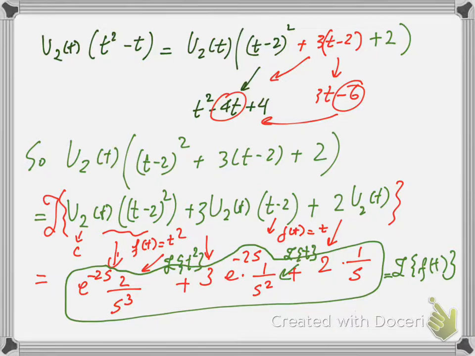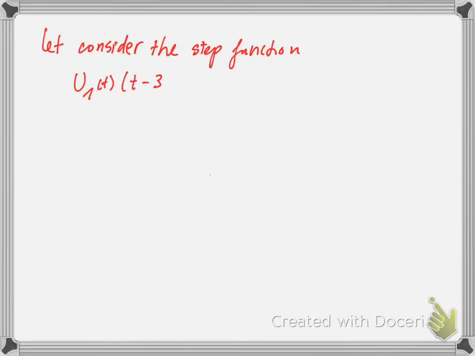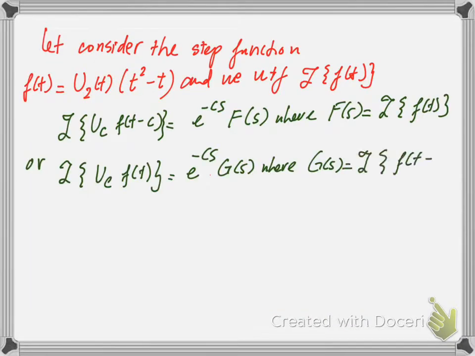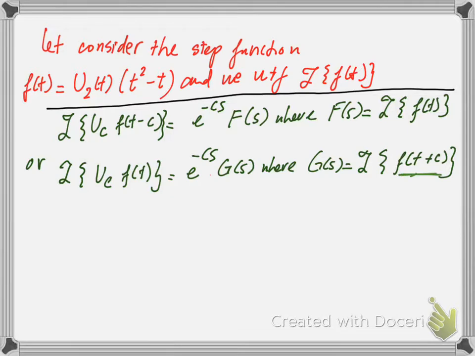Or you can use the second form right here, u_c(t) f(t), and then you have to find the Laplace transform of f in terms of t + c, either way. But you have to use one of the correct forms in order to find the Laplace transform of step functions.